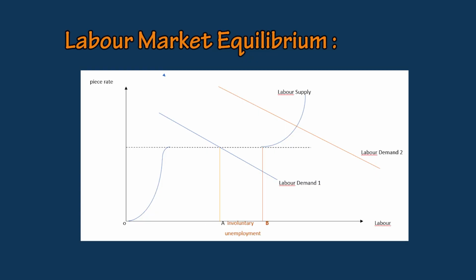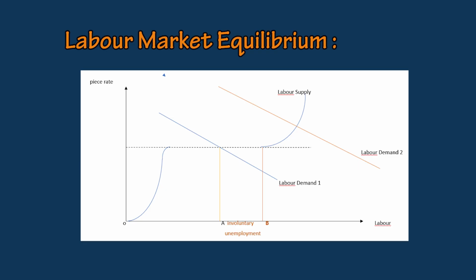To find this, let us superimpose two labor demand curves. One is the blue labor demand curve denoted as labor demand 1. The other is the red demand curve represented by labor demand 2.